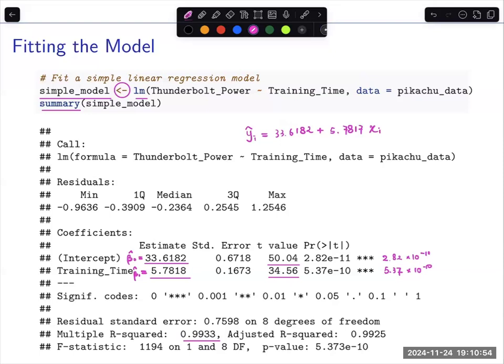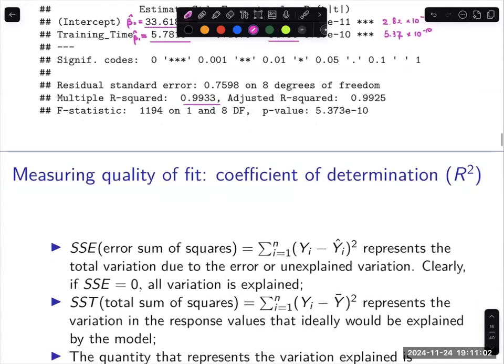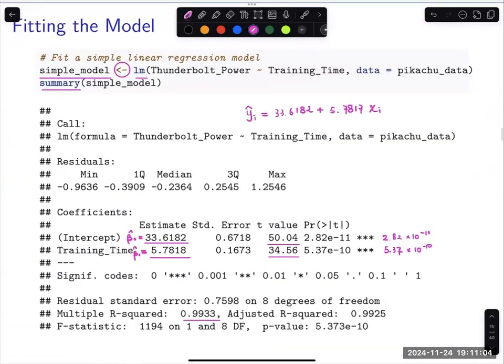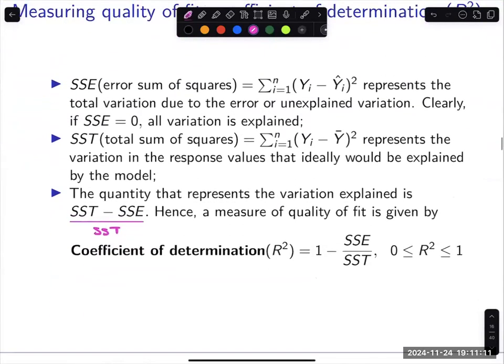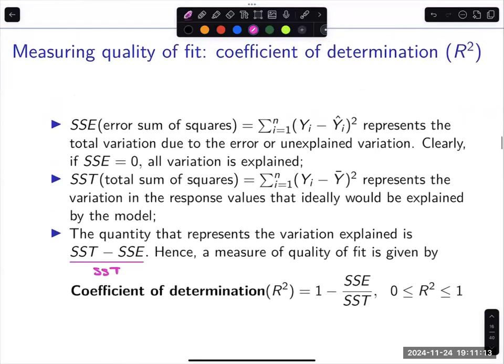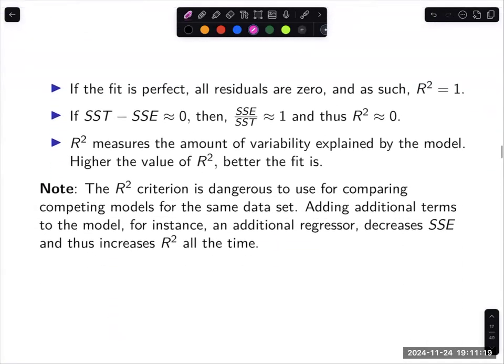That means around 99% of the data variation in Y can be explained by our model, which is listed here: 33.61 plus 5.78 times xi. So the higher the value of R squared is, the better the model fitting is going to be. Okay.